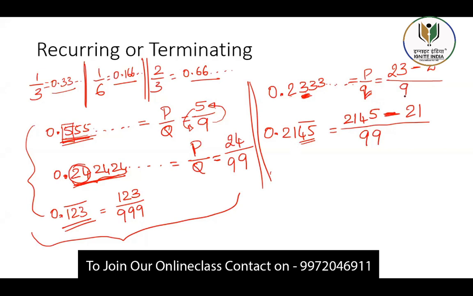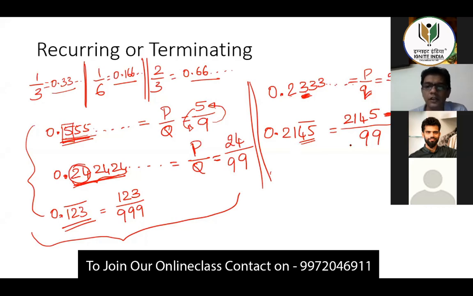After I write these 9s based on whether one digit is repeating, 2 digits are repeating, or 3 digits are repeating, I will have to follow it up based on zeros. How many 0s? The number of 0s is completely dependent on how many digits are not repeating.